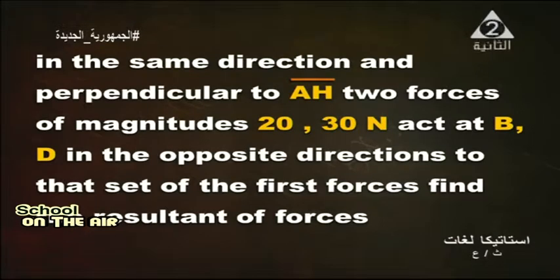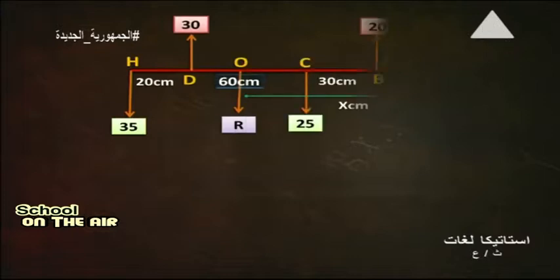Two forces of magnitude 20 and 30 Newton act at points B and D in the opposite direction to the first set of forces. What is required? Find R, the resultant of the forces.